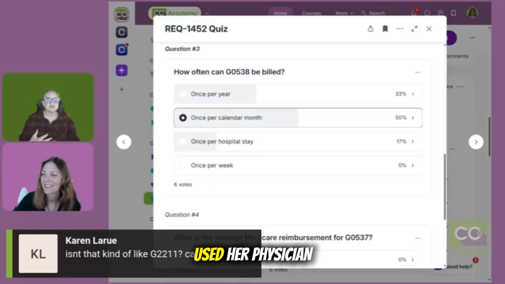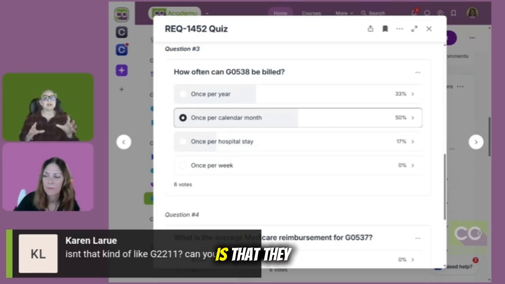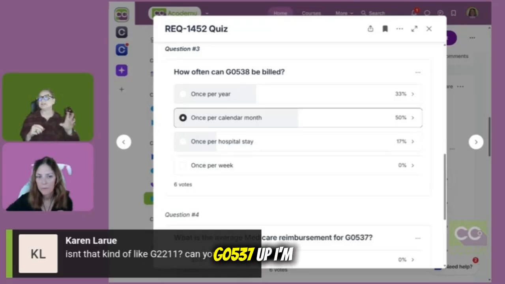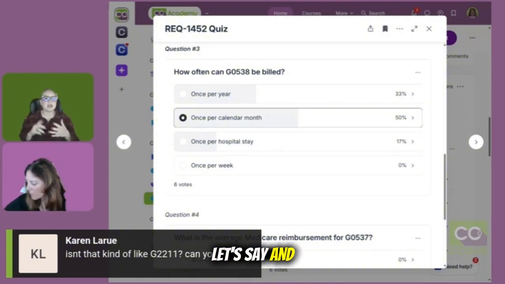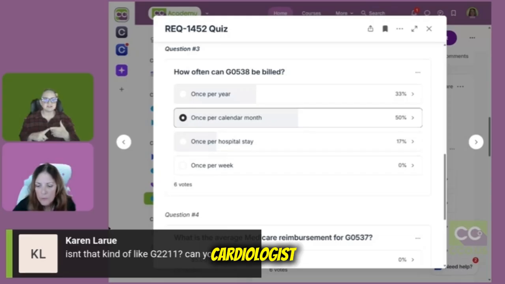It can be used per physician. So think about this. You could see this happening: they were listed as high risk. They used the G0537. Oh, I'm at high risk because I have hypertension and a family history, let's say, and high cholesterol. Now, they go in next month and see their cardiologist.